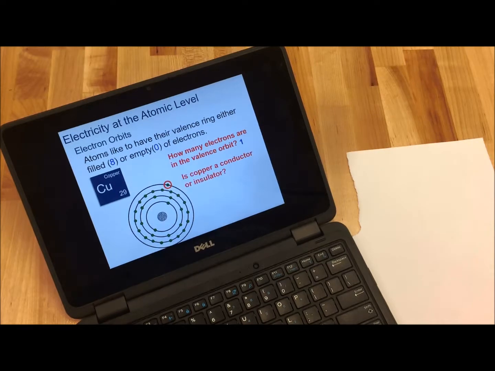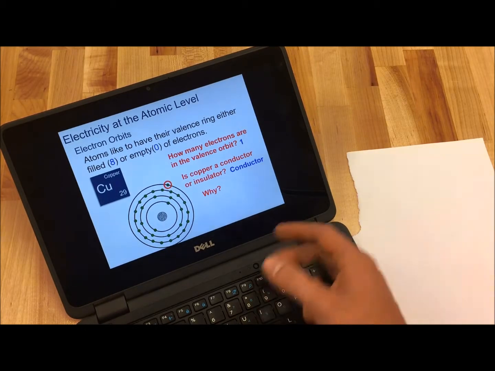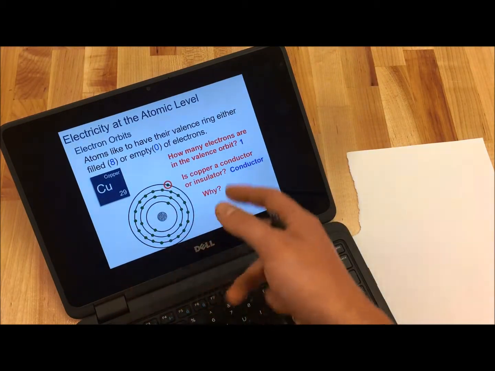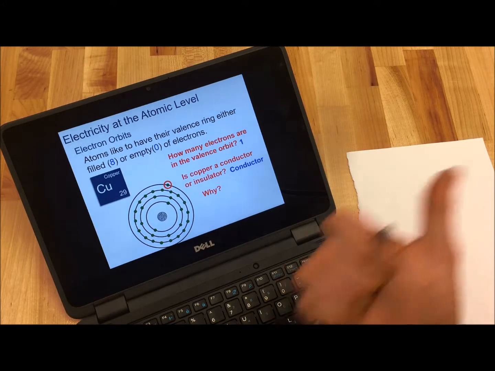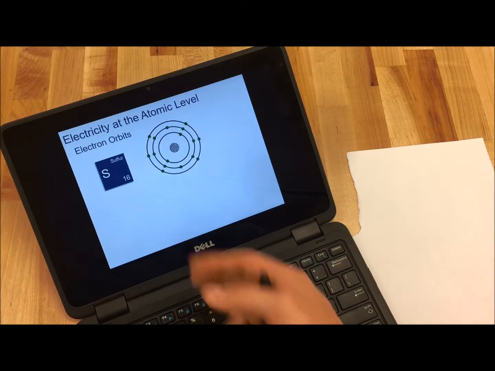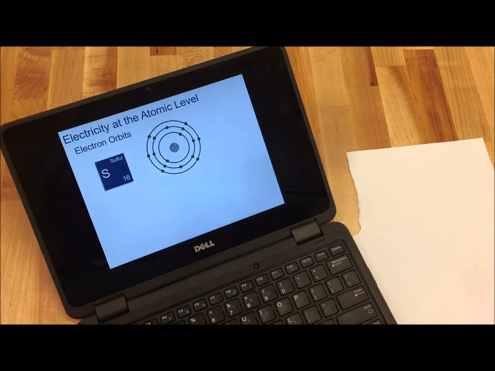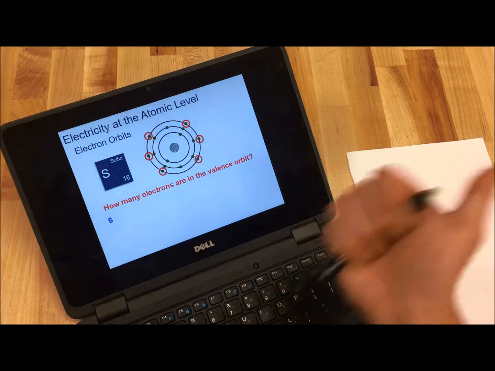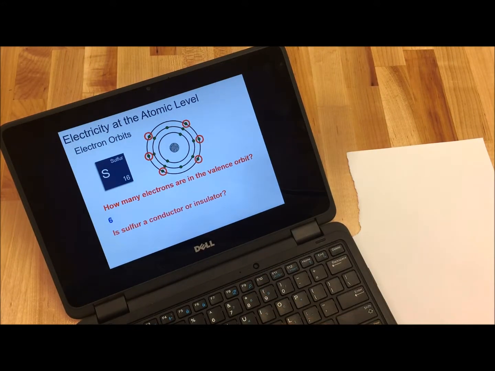Here, like I said, there's 1. Copper is a conductor. We know that. So on the lower scale, it's going to be more conductive. The higher the number of valence electrons, the more insulative. For example, we have sulfur here. There are 6 valence electrons, and that's closer to 8, so it is an insulator.